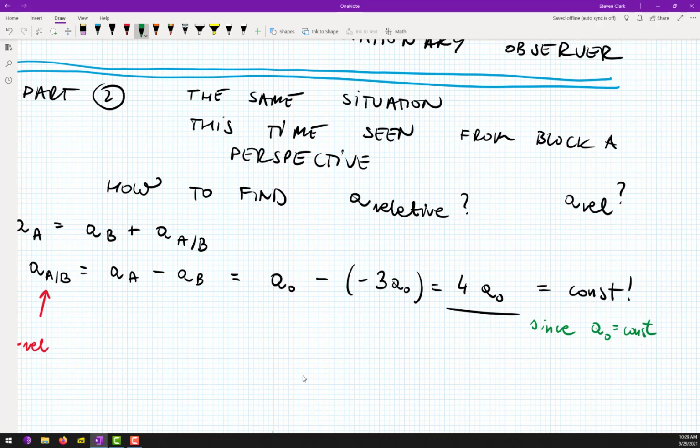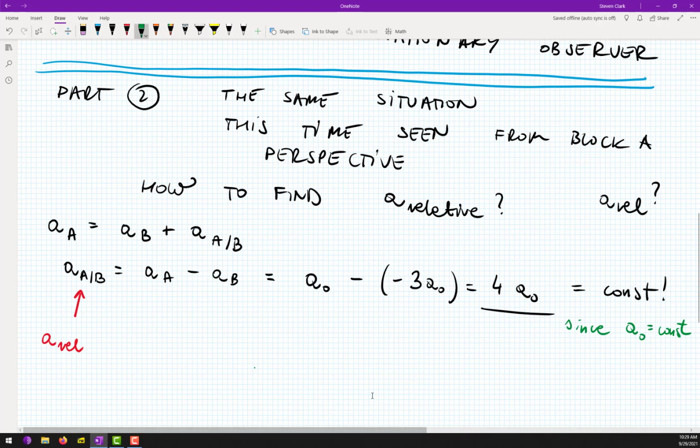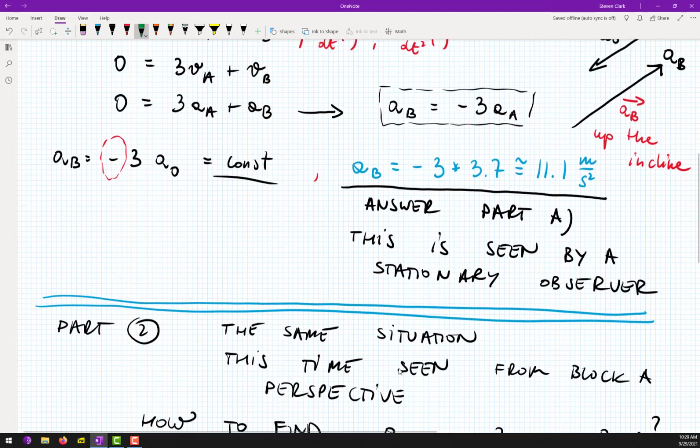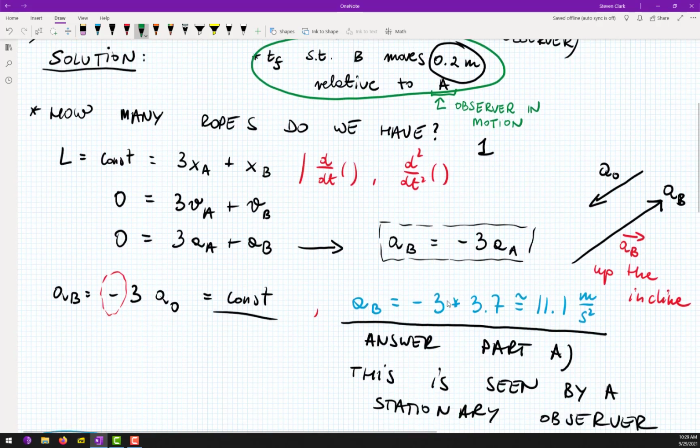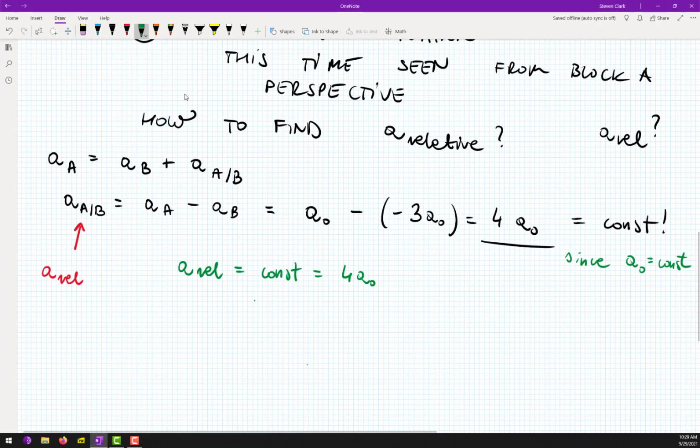Okay, great. But it's not what they ask us for. We just found that A rel is constant, yes? And it's equal to 4A0. But they ask us for something else. They ask us for the time needed to move distance point 2. And now this is something that I had to stop a little bit when I was solving the problem, because that's actually something really cool for me.